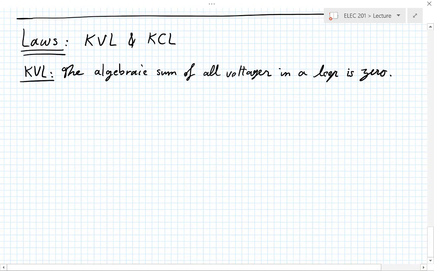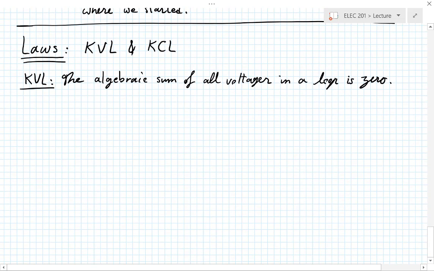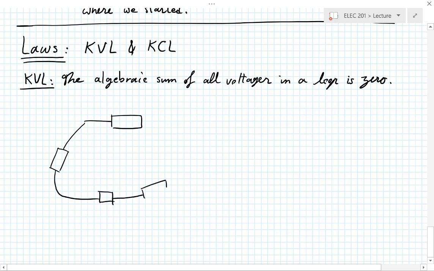So to illustrate this, let's draw a simple example. So here would be one element, another element, another element, another element, and yet another element. So this is a circuit that has one loop.